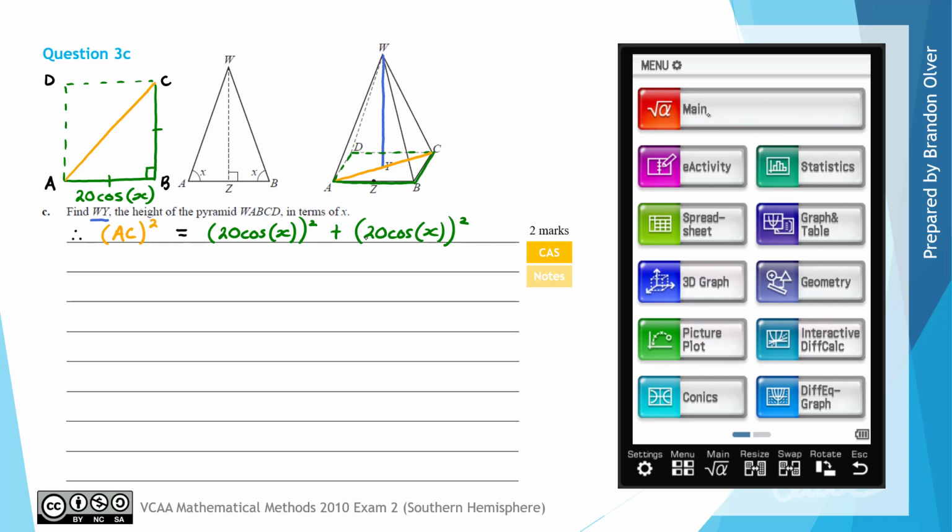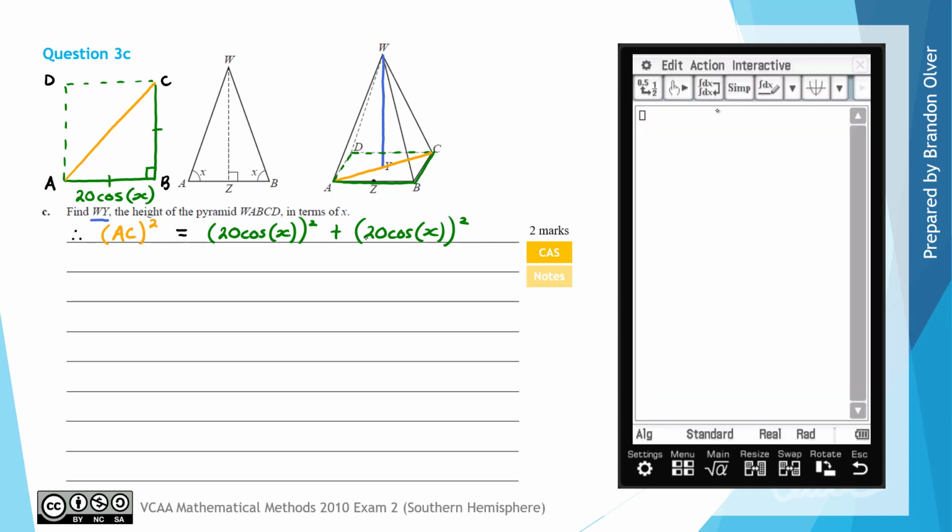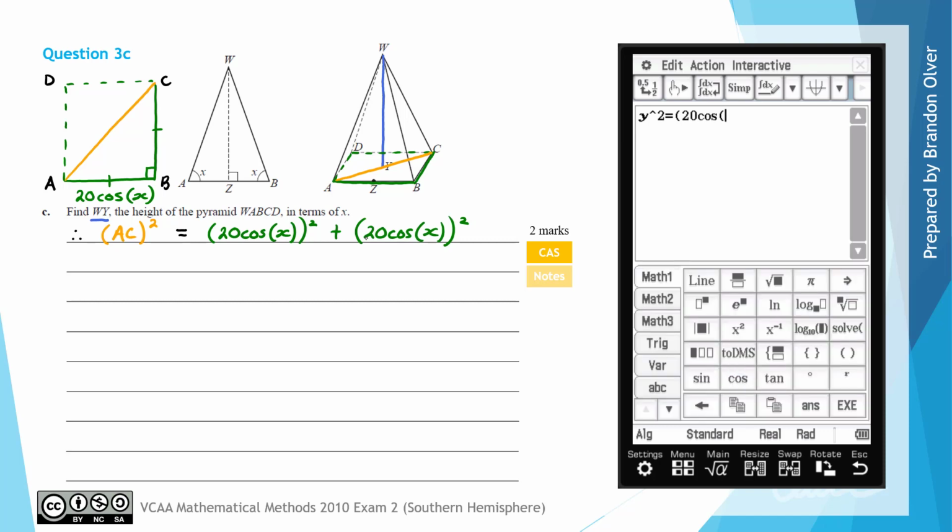And now this is something that we could use our calculator to help find quite quickly. So what we're going to do is we're going to go into the main menu. And now one way we could do this is we could just say that AC is equal to Y. So we'd have something like Y squared is equal to, and then we want to type in brackets, 20, and then we need cosine of x, and then that's close bracket squared, plus, and then it's actually the same expression again.